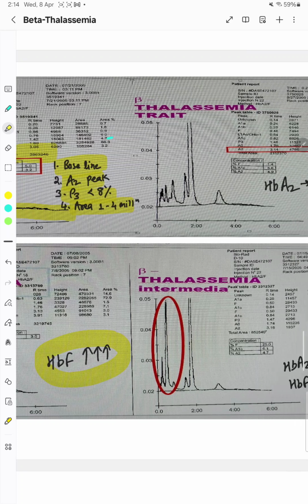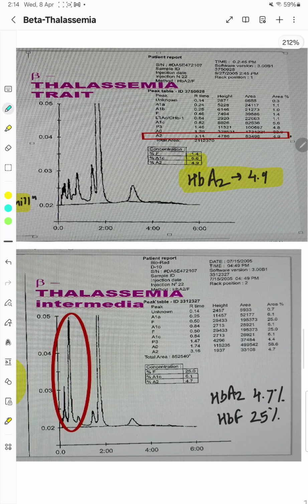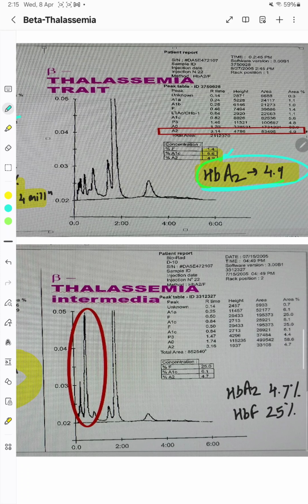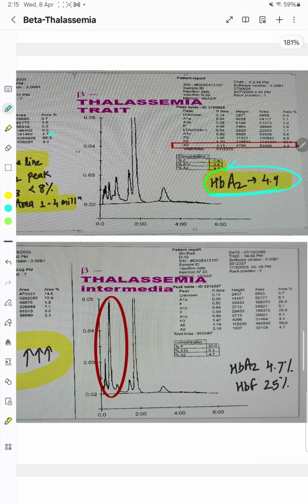Now we will see the HPLC graph of beta thalassemia trait. This is showing an A2 value of 4.9%, and most of the hemoglobin is HbA, around 83%. So an HbA2 value of 4.9 with a normal HbF is suggestive of thalassemia trait.